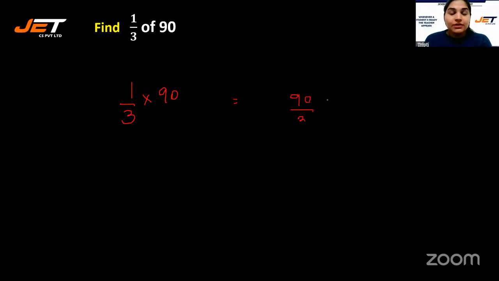In the denominator, it's 3. So I need to write this 90 with respect to 3. So I can do it like 3 times 30 in the denominator 3. 3 cancel. 30 is the answer.